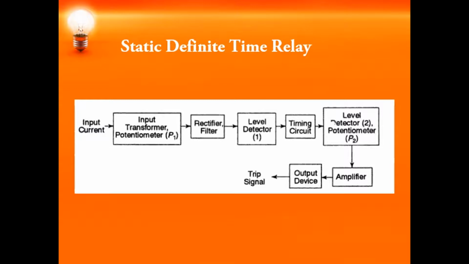You are going to set a time using the timing circuit. So this timing circuit consists of a resistor and the capacitor, which acts as a charging unit. So what is done here?